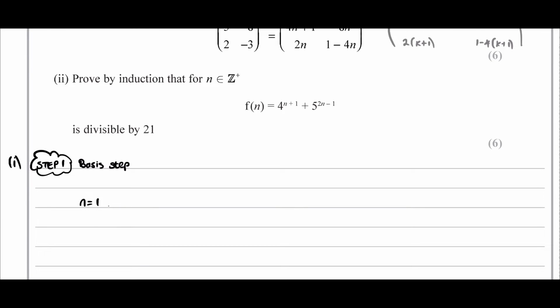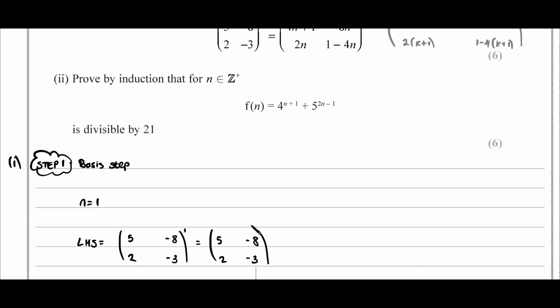So when n equals 1, the left hand side is equal to the matrix (5, -8; 2, -3) to the power of 1, which is (5, -8; 2, -3).